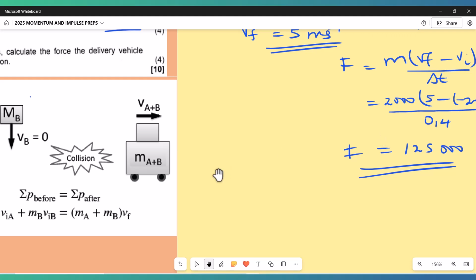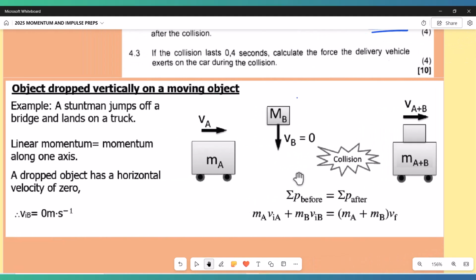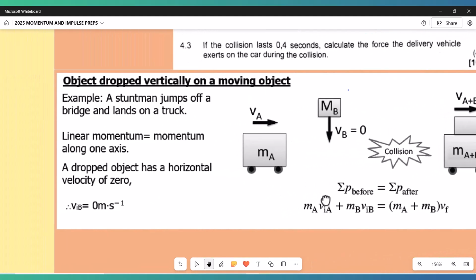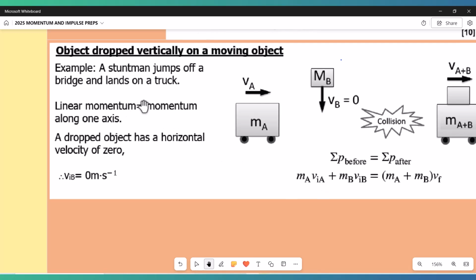All right. Next, we can also have an object dropped vertically on a moving object. For example, a stuntman jumps off a bridge and lands on a truck. Note that linear momentum means momentum along one axis. The velocity of that person jumping off the bridge is going to be 0. We're saying that a dropped object has a horizontal velocity of 0.